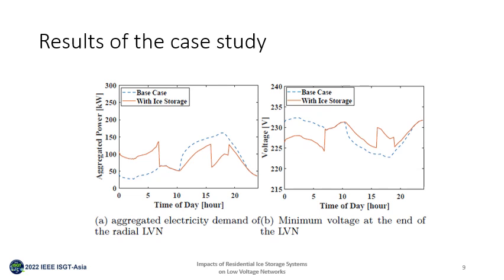One of the interesting results that came out of the paper was this figure here. So the red line there is the power consumption of the whole network when we were using ice storage, and the blue line is the base case when it was only using the air conditioning system without ice storage.